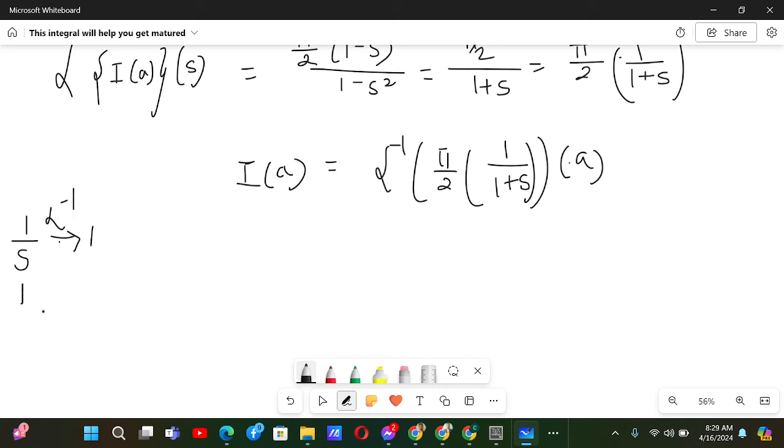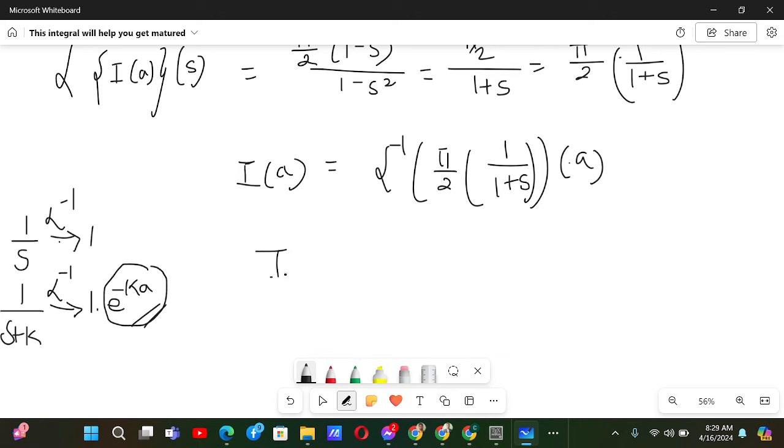And if there's some constant, let's say s plus k, Laplace inverse will be just multiplied by e to the power minus k times a. That will be the case. Basically, whenever there's anything added to s, there's just this factor coming out. That's the rule in Laplace inverse transform.